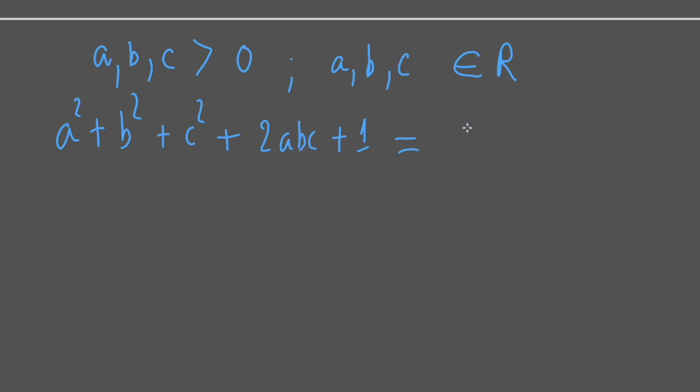And on the right hand side, that is 2ab plus bc plus ca. Okay, so at first look, you can easily guess the root of this equation. This is 1. It means a equal to b equal to c equal to 1.